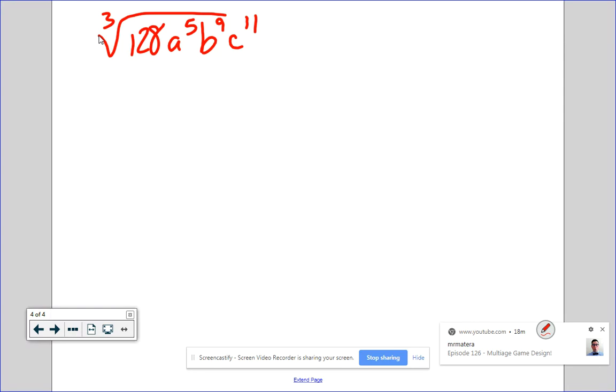So, to do this, you're going to have to break this down into multiple chunks. Personally, and you don't have to do it this way, I cake first, and then I work with the numbers and the powers. Okay?